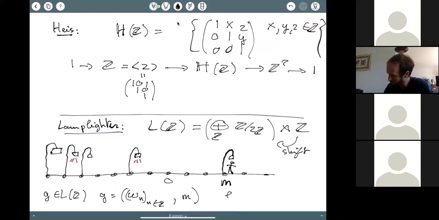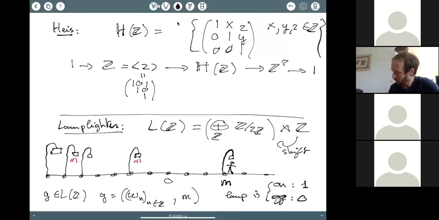The lamp is on if you see a 1, and it's off if you see a 0. Well, it's just a convenient way of thinking about this group if you are not used to it. But I'm not going to say much more about it.